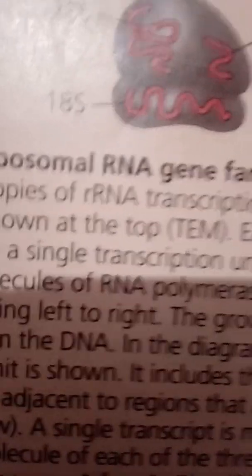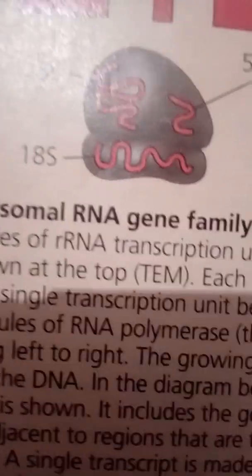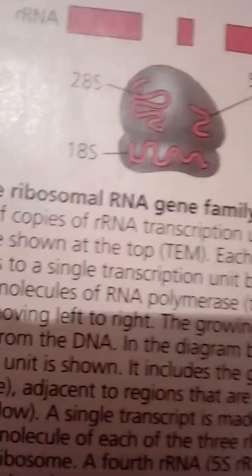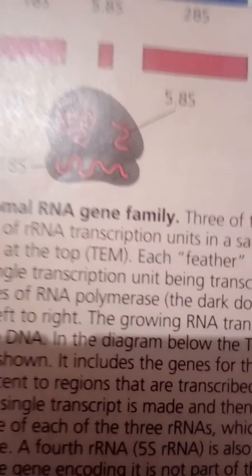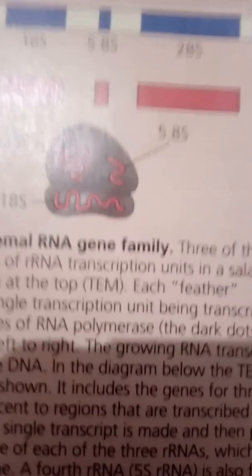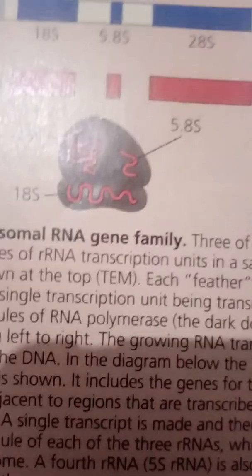An example is the family of identical sequences encoding the three largest ribosomal RNA molecules. These rRNA molecules are encoded in a single transcription unit that is repeated tandemly hundreds to thousands of times in one or several clusters in the genome of a multicellular eukaryote.